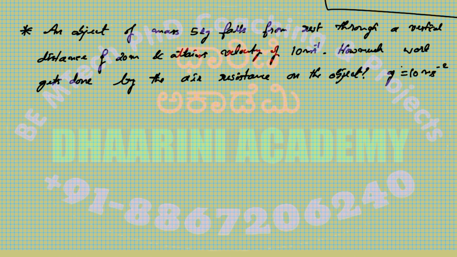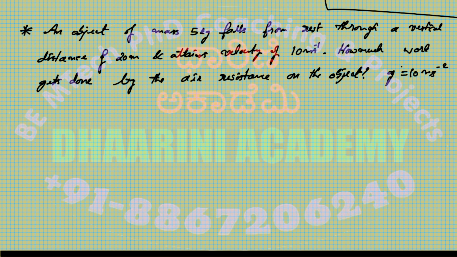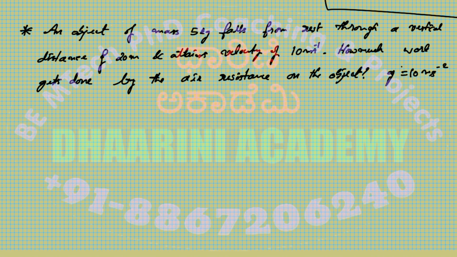this is a question directly from the work energy theorem. The work energy theorem says that work done by all the forces acting on a body is equal to the change in its kinetic energy. Very simple. Now what are the works that get done on this object which is falling?